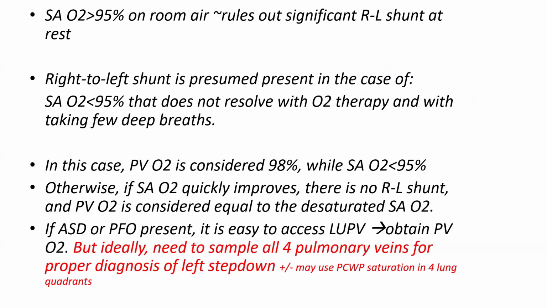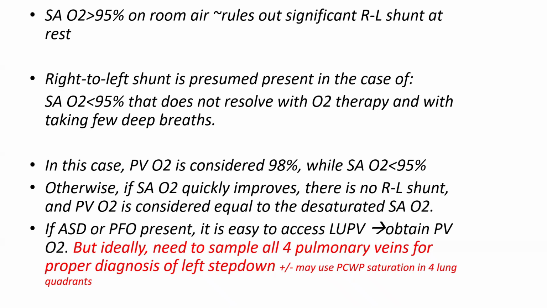So if you only sample one vein, you may be sampling the best one, and you may get a false impression of a step down. So yes, to diagnose a right to left shunt, you may sample the easy left upper pulmonary vein, but that may give you a false diagnosis. Ideally, you have to sample all 4 pulmonary veins. And some people have used the wedge saturation to obtain pulmonary vein blood.